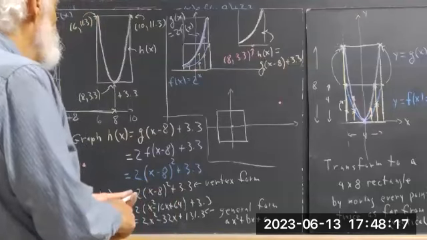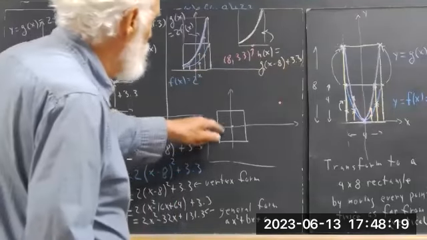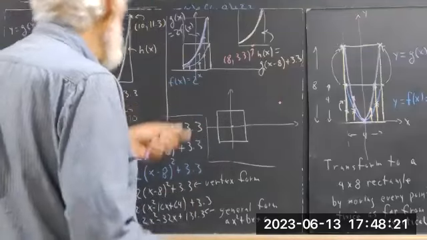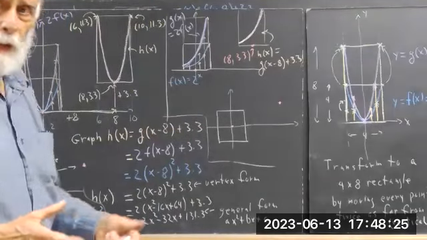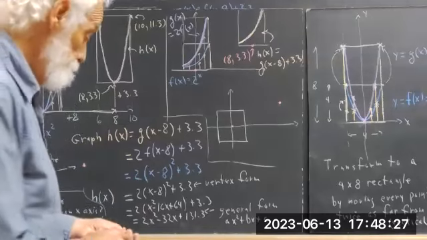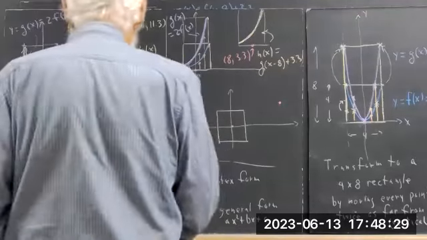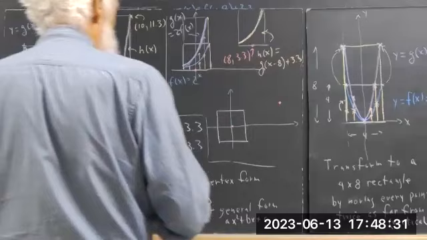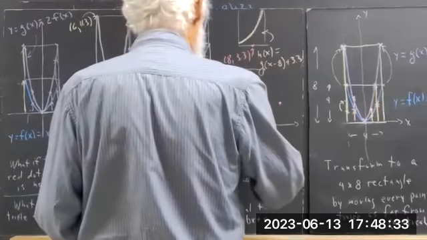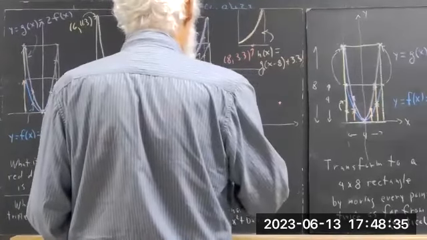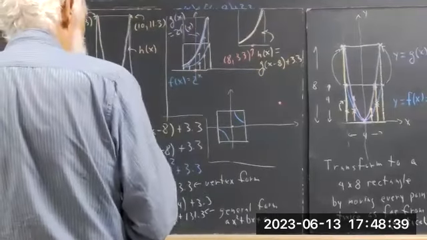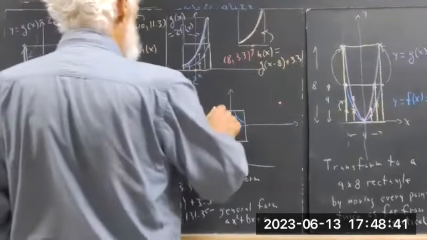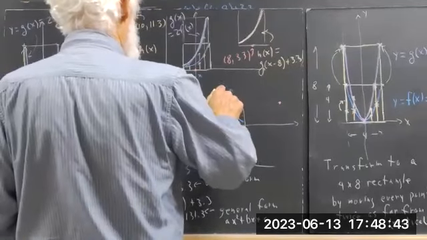Okay. Now, if we do the same thing here, where we move each point twice as far from the x-axis, keeping it on the same side, and of course this corresponds to our reciprocal function, this point is going to move up to here.